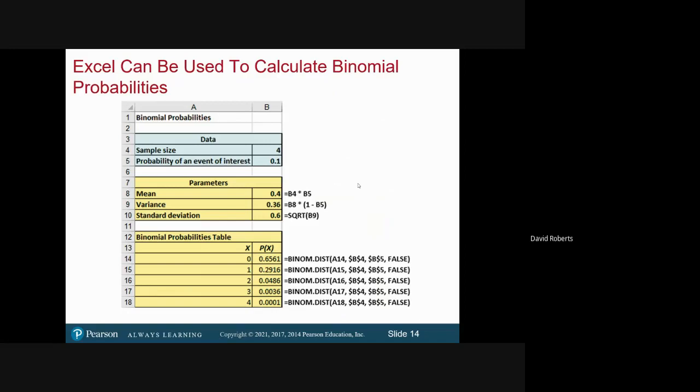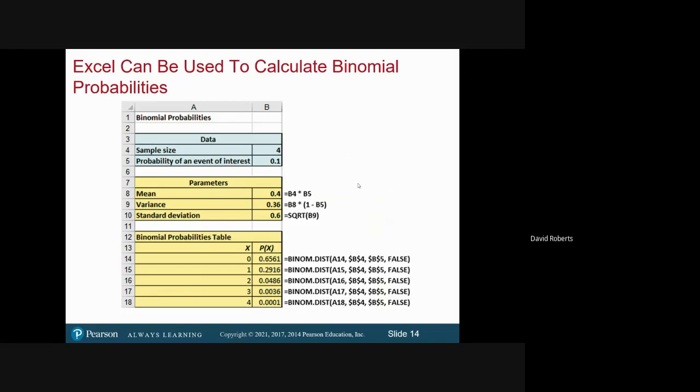And what this does is you see that A14 is in this particular case, 0, which is, what's the probability of having 0? Then B4, and you might notice, depending on how experienced you are with Excel, the dollar signs. What that means is that's an absolute reference.